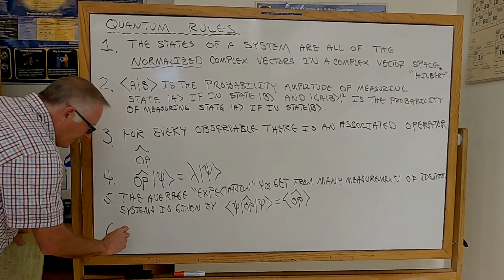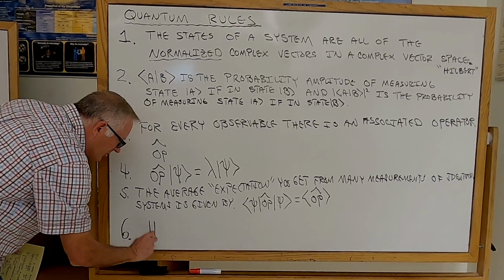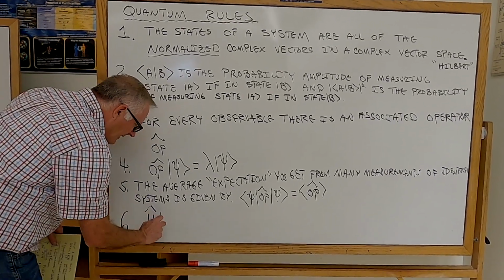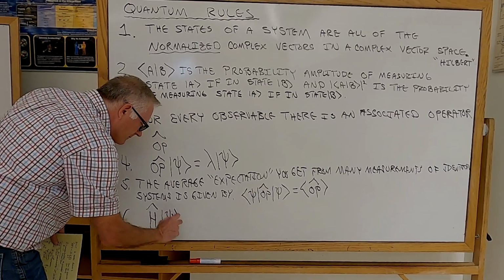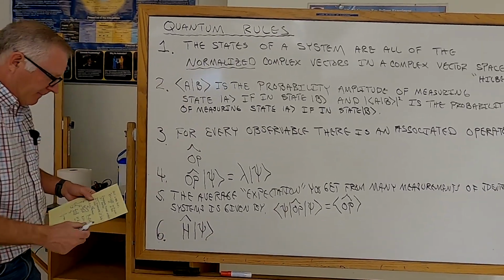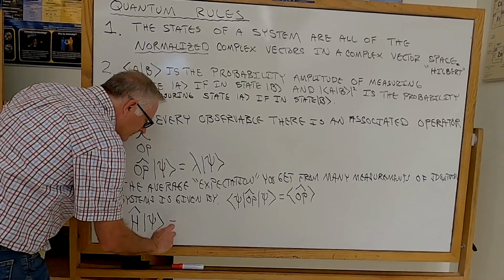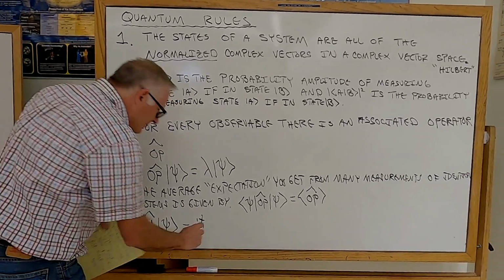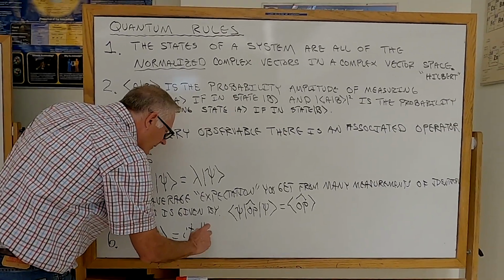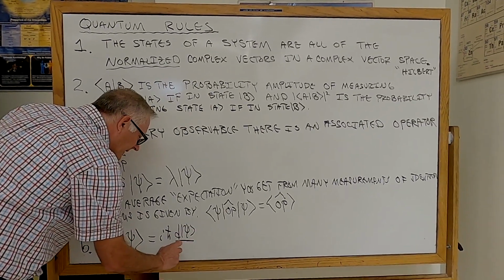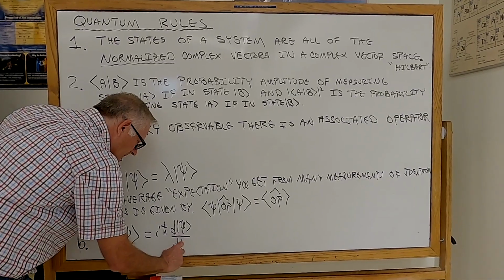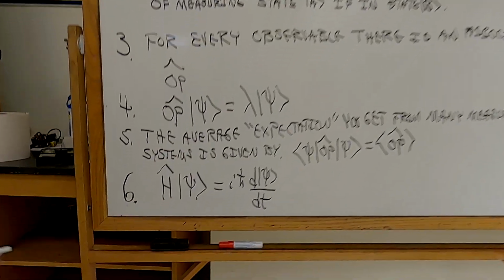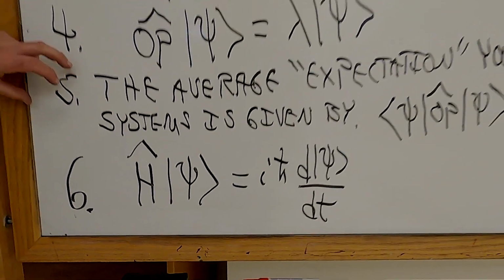And it's something, it's H operator. It's a special operator acting on my psi, right there, equals i h bar times the derivative of my state with respect to time. That's it. There's all the rules of quantum mechanics. You can even take out this rule because it's not really a rule.